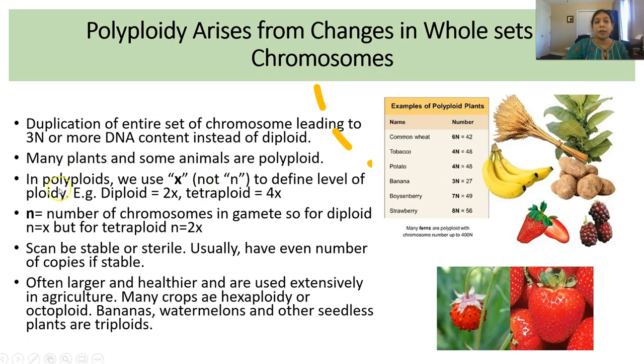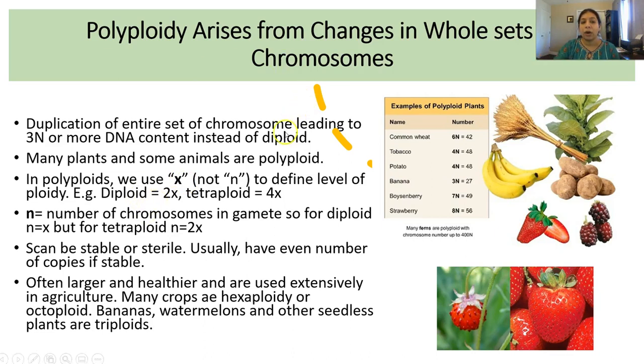Polyploids, when you have a polyploid organism, are not typically signified with an N like usual. Instead, we use X. So typically when we think of a diploid organism, we say 2N DNA content, where N is basically the amount of DNA in the cell.